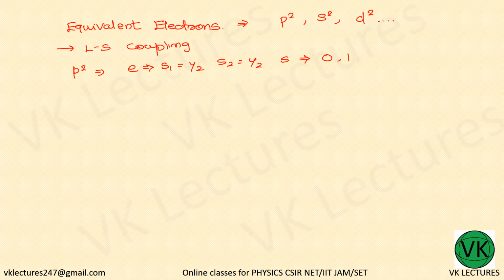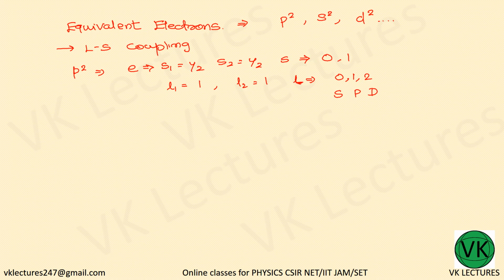Coming to the L, the angular momentum L1 equal to P, that is 1, and L2 equal to again P, that is 1. So the capital L values will be from 1 minus 1, that is 0, to 1 plus 1, that is 2. So 0, 1 and 2. Now 0 represents S, 1 P and 2 D, right?